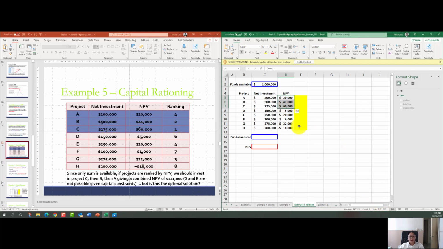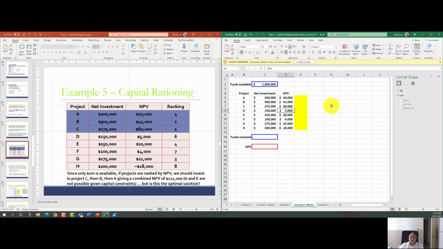We can't invest in the other projects because of our capital constraints: once we've invested in these three, we only have $25,000 left. So does that mean this would be the optimal solution?